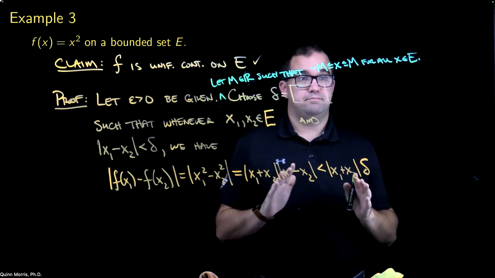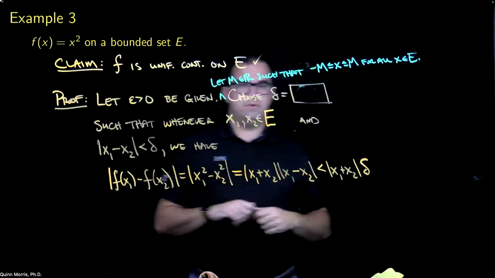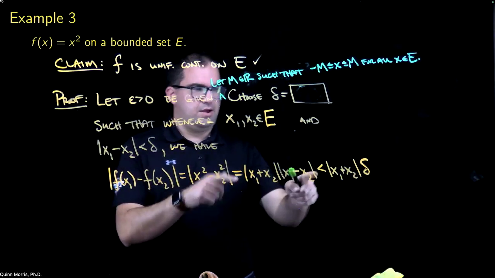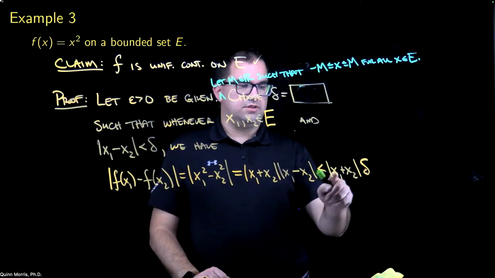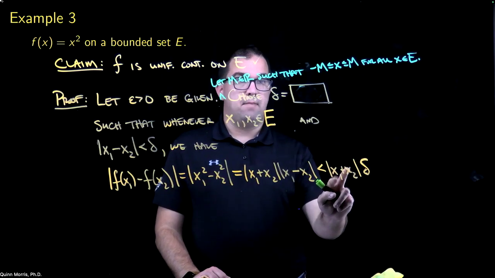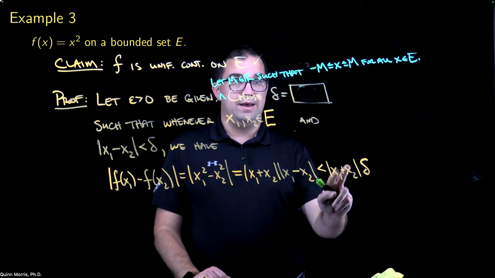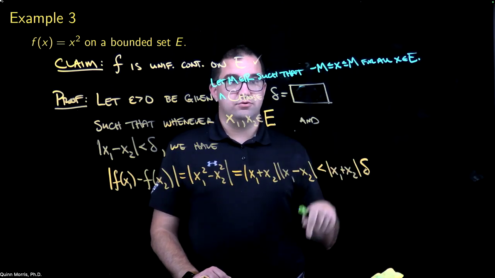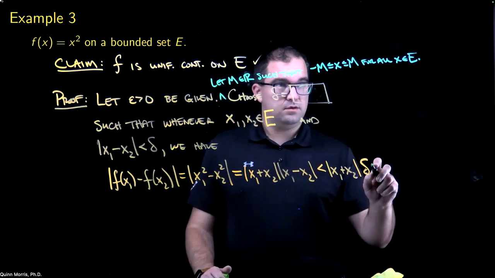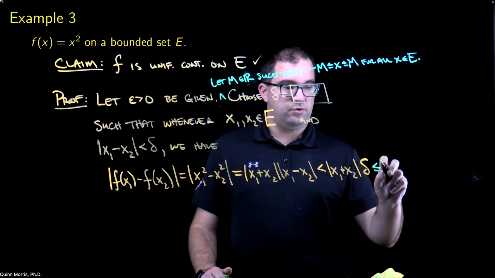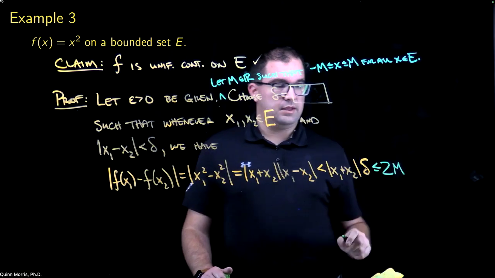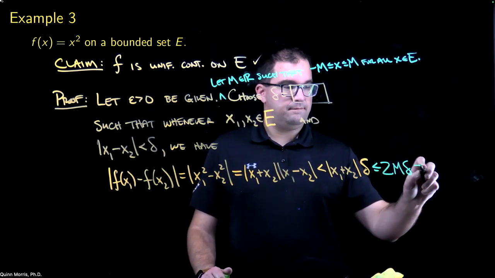Now if I do that, when I come down here, the worst this could be is either minus 2M or plus 2M, but in absolute value those are going to be the same. So this will be less than or equal to 2 capital M delta.